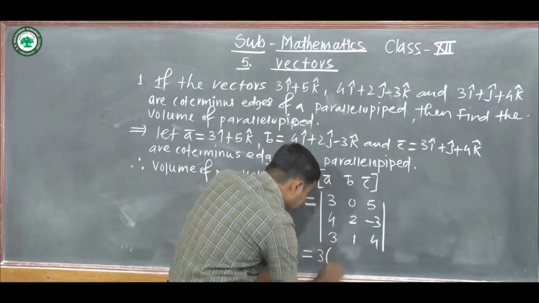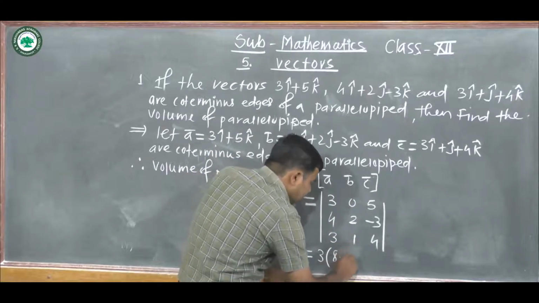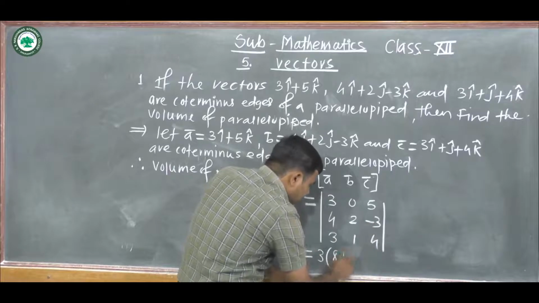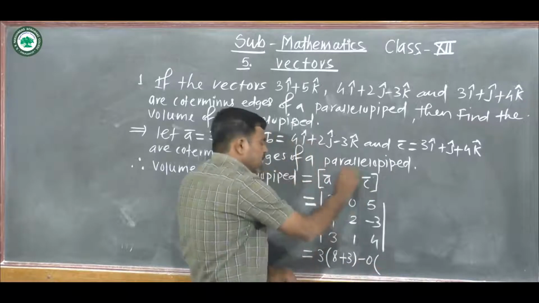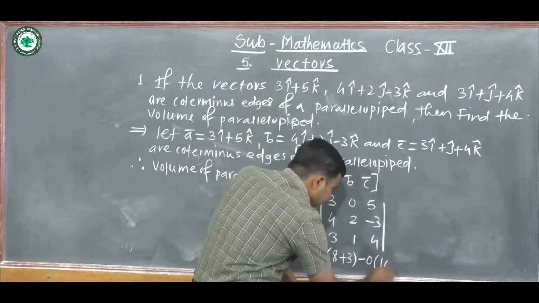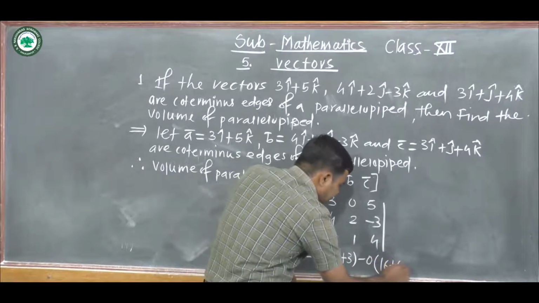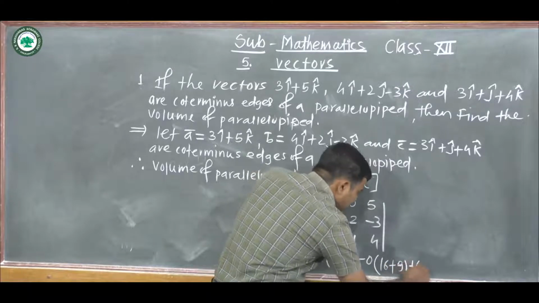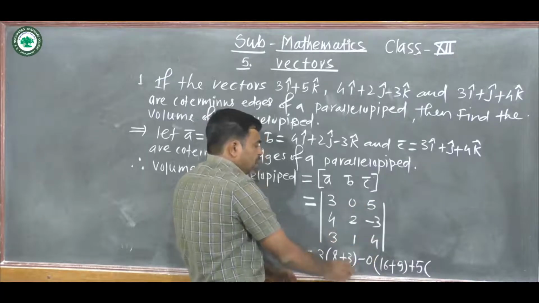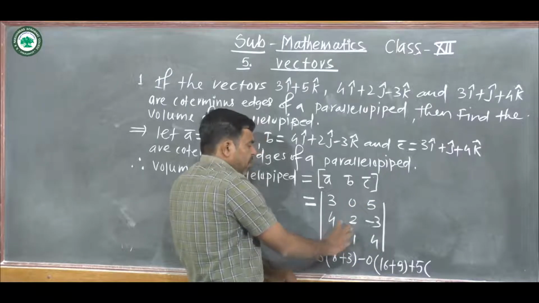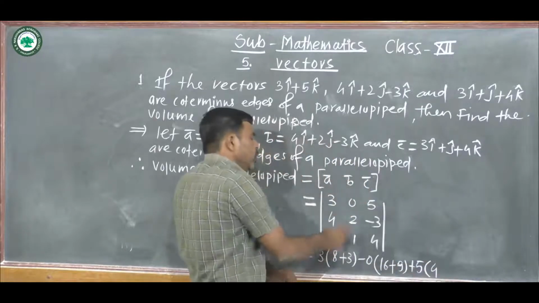It is 3 in bracket, leaving first row, first column: 2 into 4, 8, minus 1 into minus 3, minus of minus 3 becomes plus 3, minus 0 in bracket, leaving first row, second column: 4 into 4, 16, minus 3 into minus 3, minus 9, minus of minus 9, plus 9, plus 5 in bracket, leaving first row and third column: the 2 by 2 determinant, 4 into 1, 4, minus 3 into 2, 6.